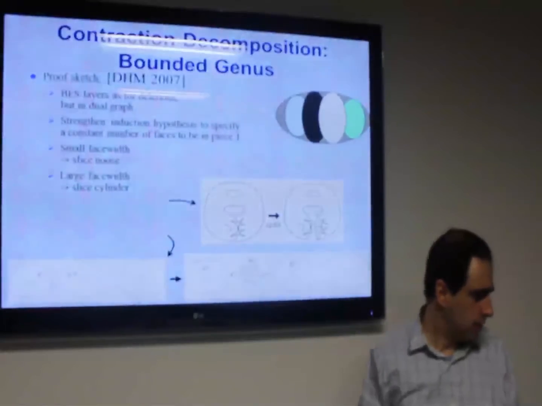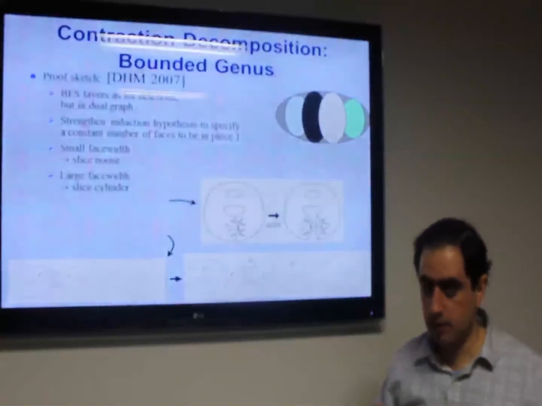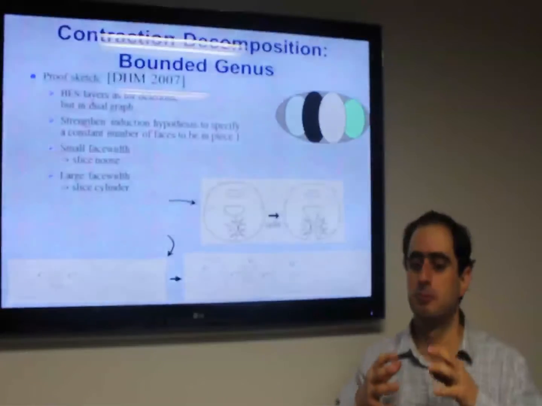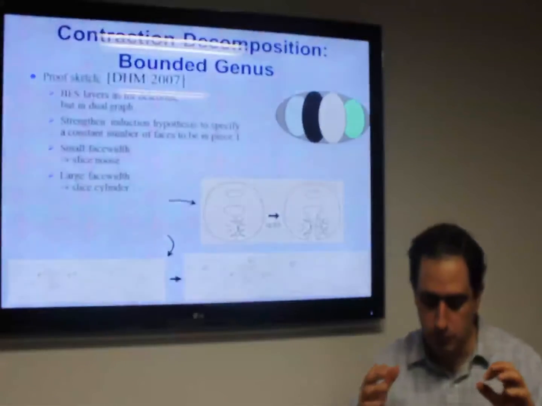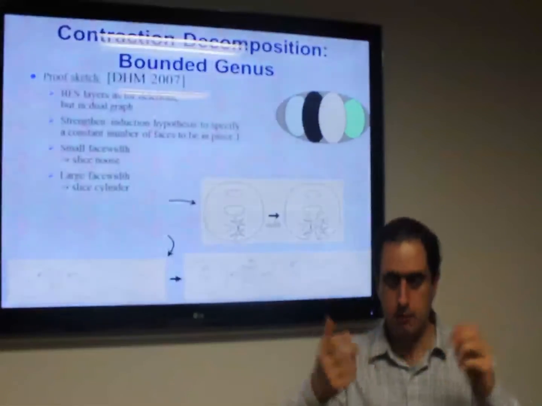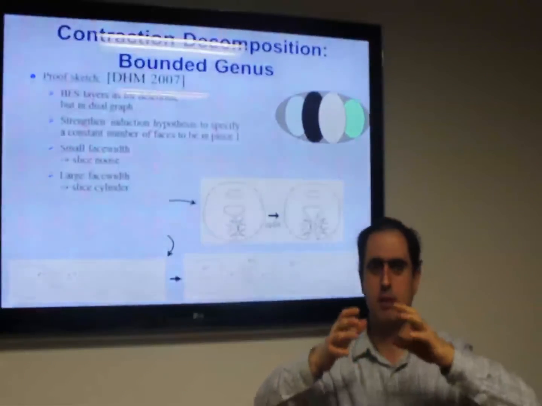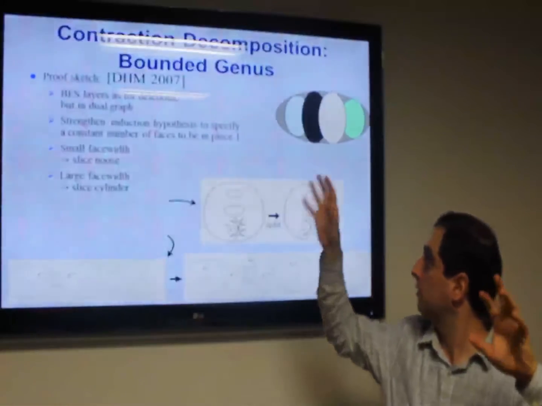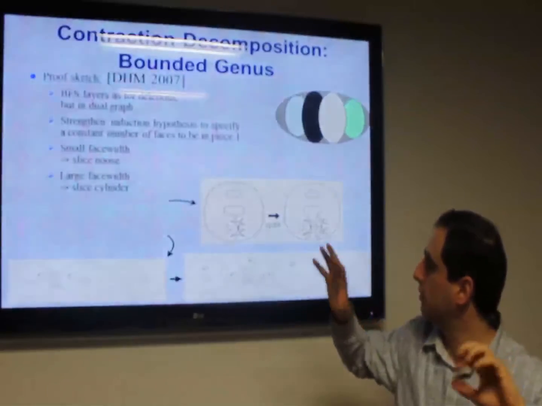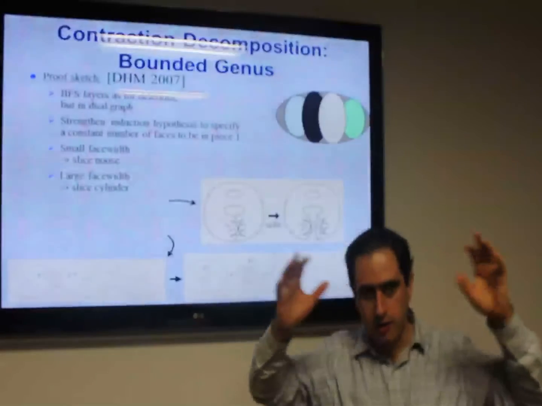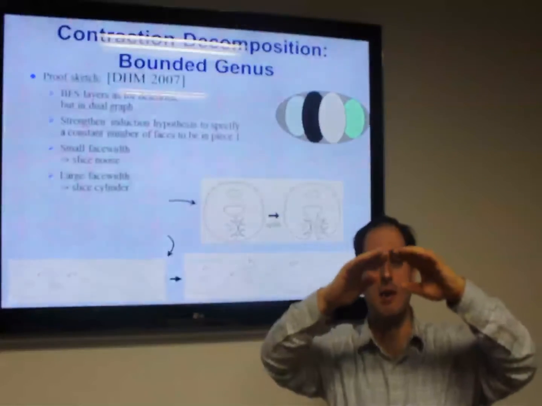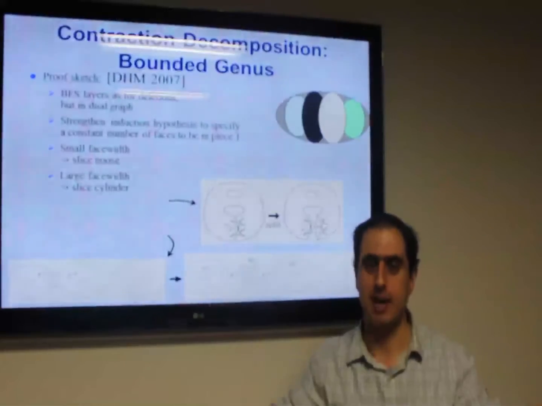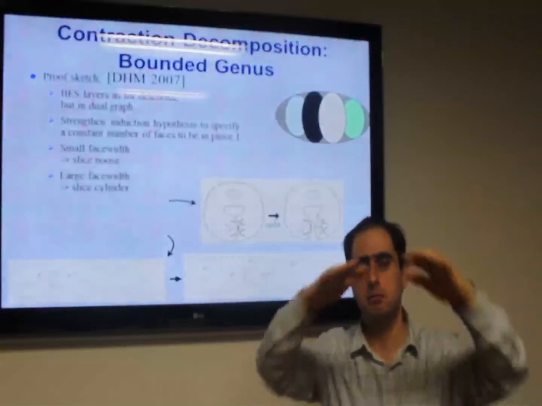Okay, so let me give you some ideas about how we can construct this for planar graphs, bounded genus graphs and beyond. First, planar graphs, so that gives essentially the idea. For planar graphs, the most representative graph is a grid, an n by n grid.